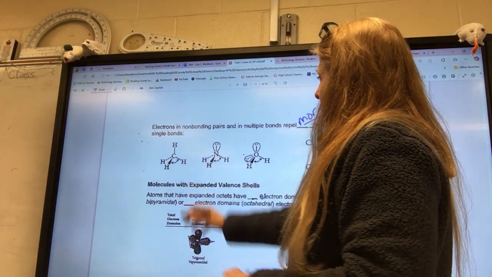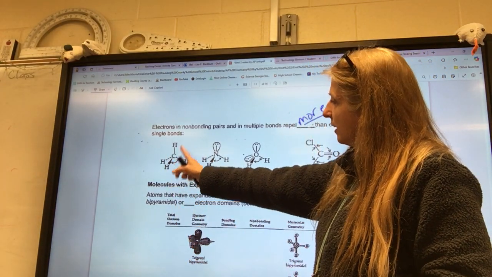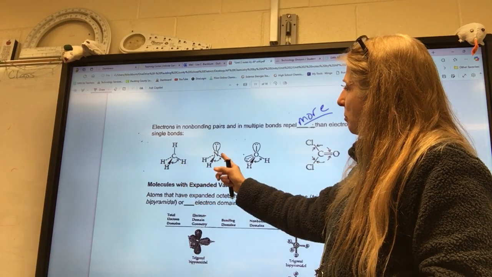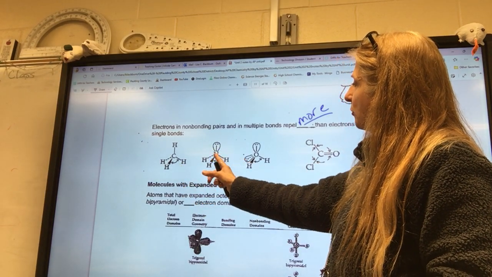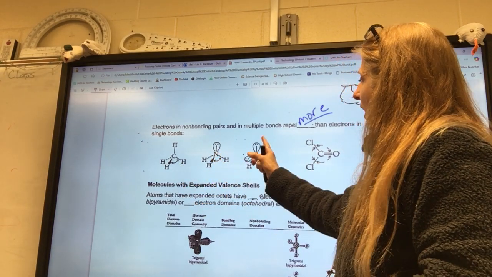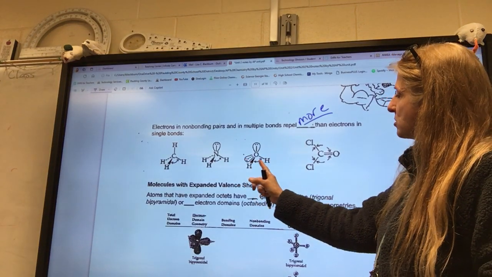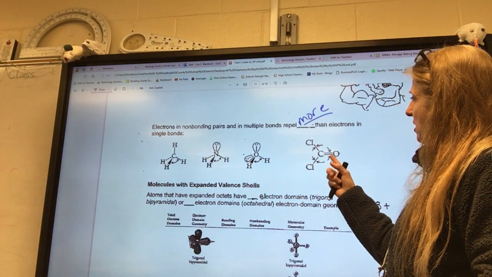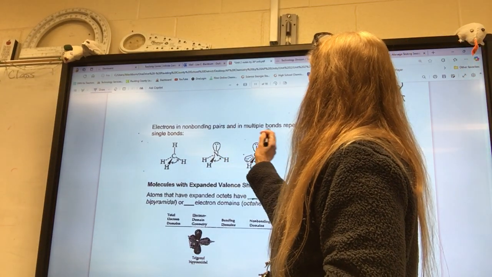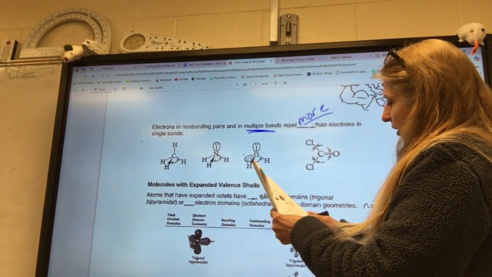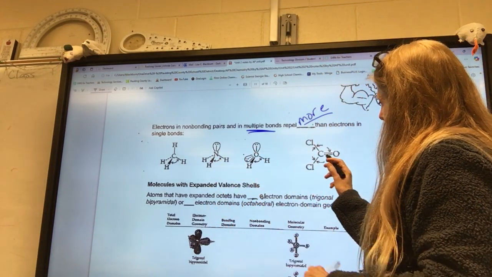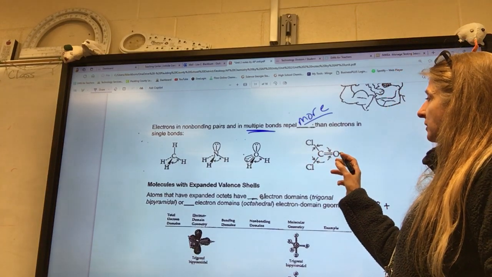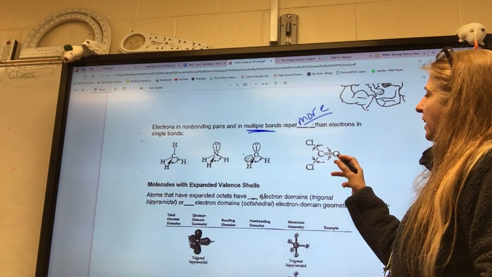All right, so here they're all even, but when you get the non-bonding pair, it squishes these together more, and 2 non-bonding pairs squish them even more. Here we also have double bonds. Multiple bonds do this also. So here is this example of carbon double bonded to this oxygen, so that's more negative.